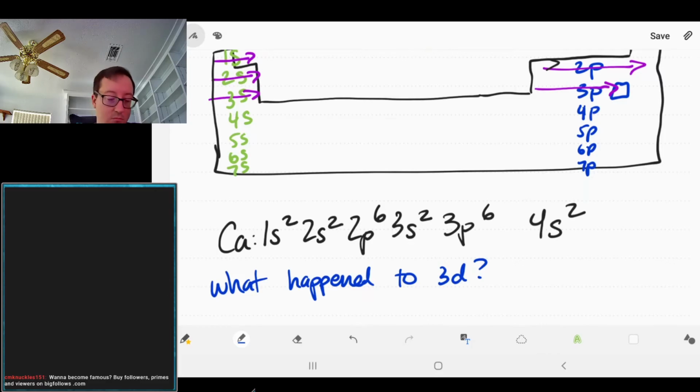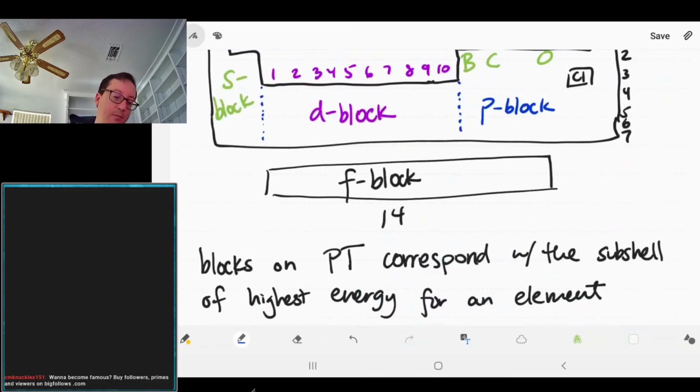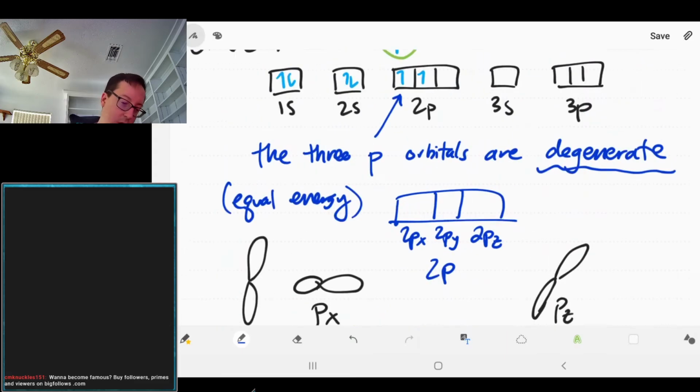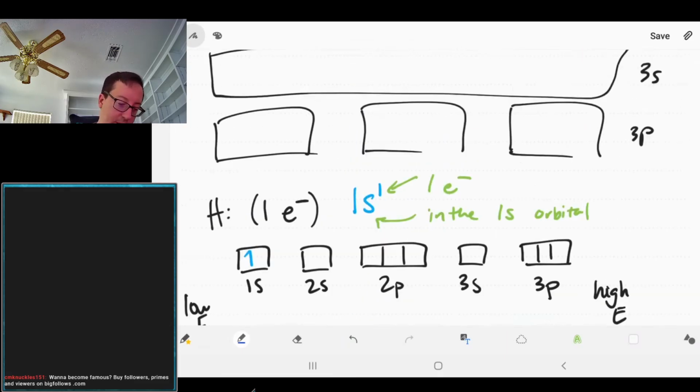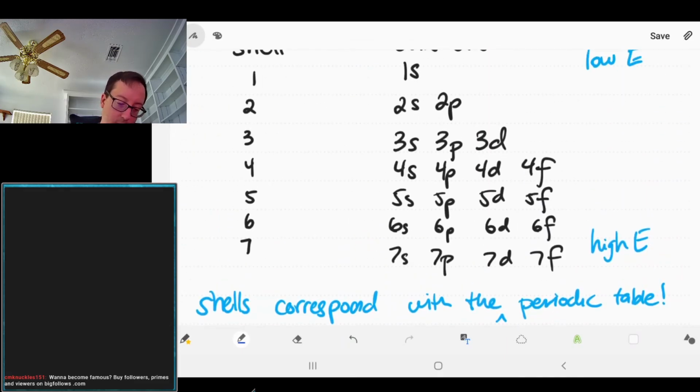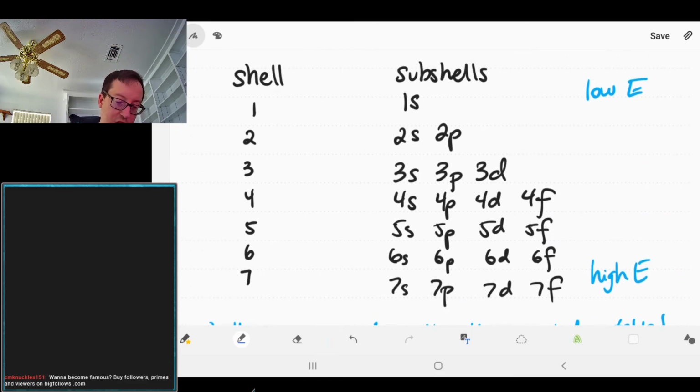Remember that, scrolling up. Oh my heavens, look at all we've done today. We saw, oh wait, in the third shell we should have a 3d subshell. Where did that end up going? Why did we go to 4s next?